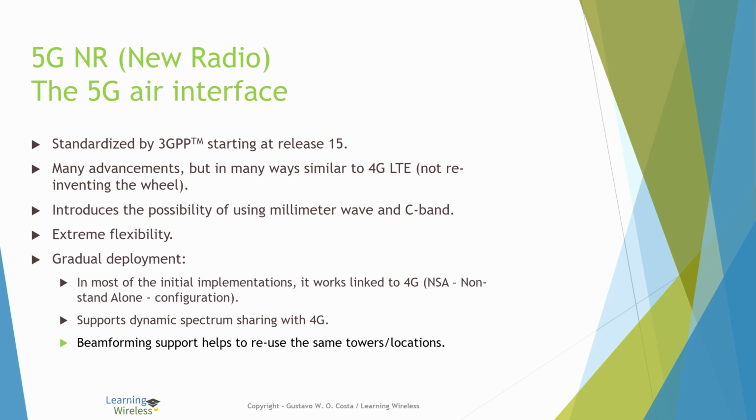And this really helps to reuse the same towers and locations, even though you're going to a higher frequency, which has more problems of propagation. With beamforming, you can to a certain extent recover the coverage that you would have otherwise lost. And then you can still operate the 5G technology in the same towers and locations which already have a 4G network. That's very, very important for the operators so that they can leverage the investment.